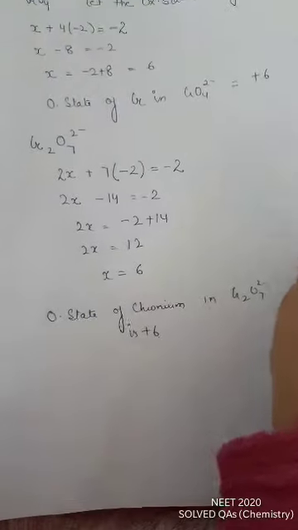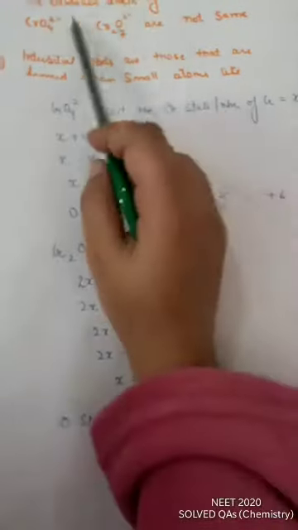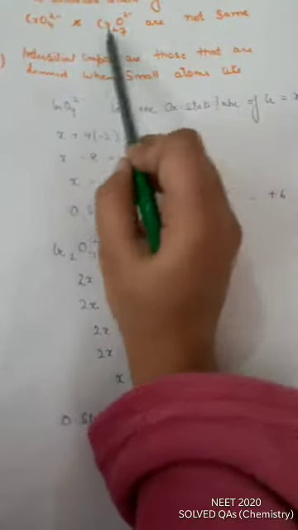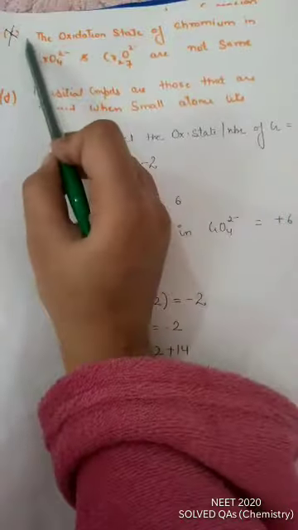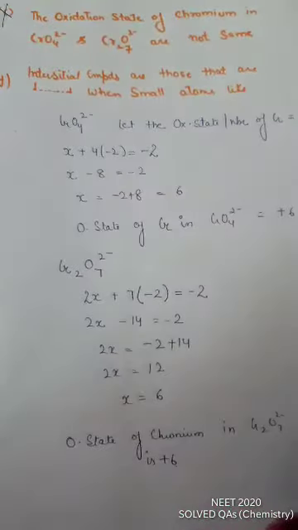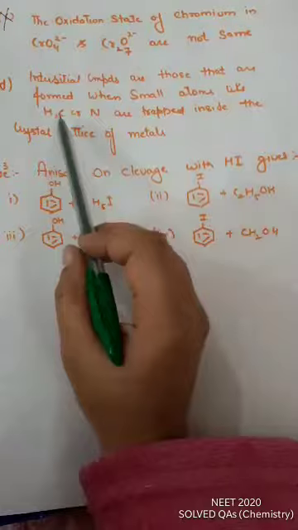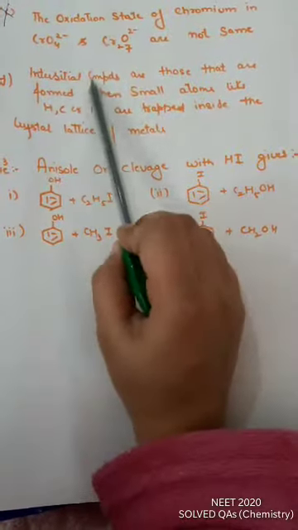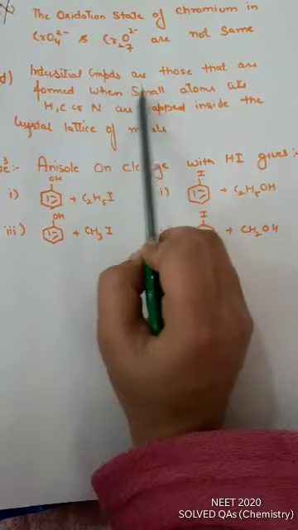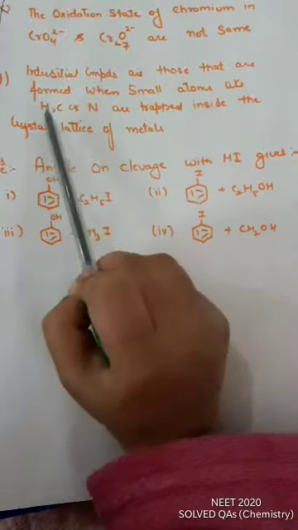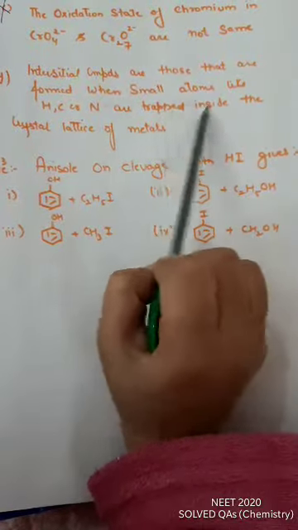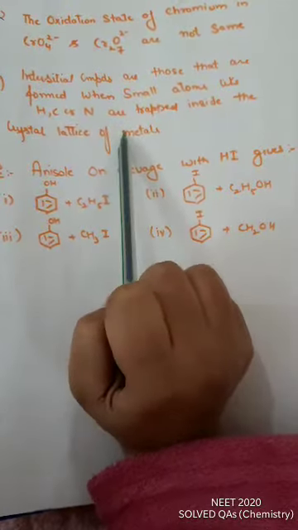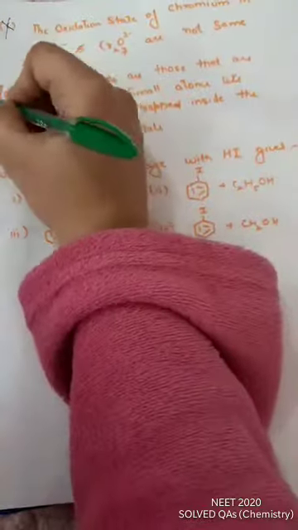So the statement which says that the oxidation states of chromium in both species are not the same is an incorrect statement. And the fourth statement is: interstitial compounds are those formed when small atoms like hydrogen, carbon, nitrogen are trapped inside the crystal lattice of a metal. Yes, this statement is correct.